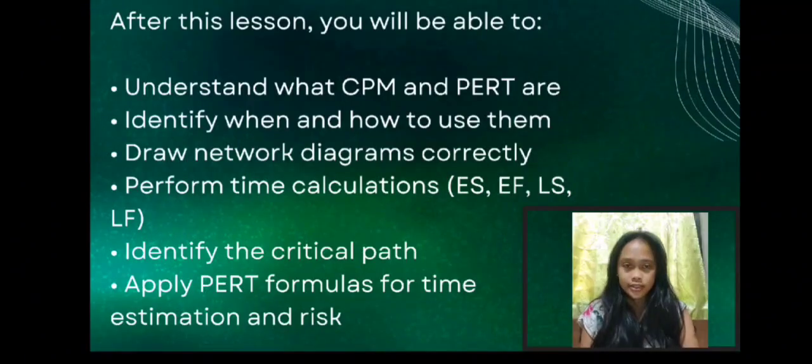After this lesson, you will be able to understand what CPM and PERT are, identify when and how to use them, draw network diagrams correctly, and perform time calculations such as ES, EF, LF, and LS. You will also be able to identify the critical path and apply PERT formulas for time estimation and risk assessment.